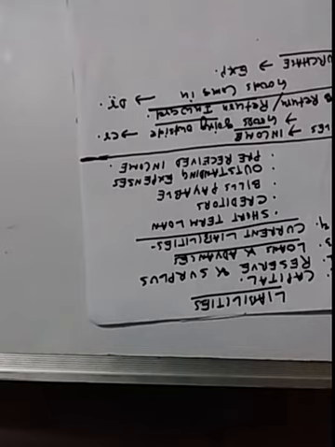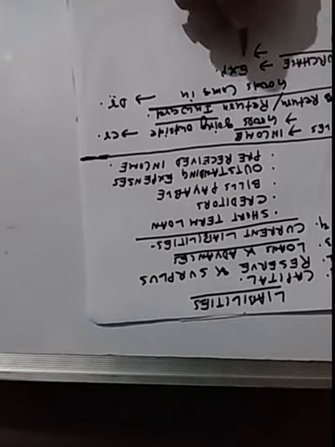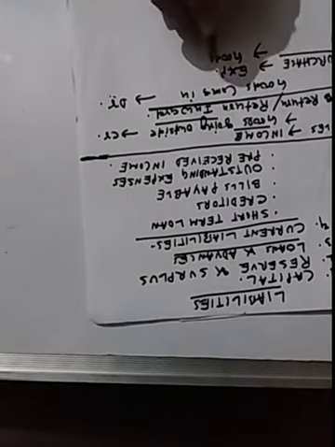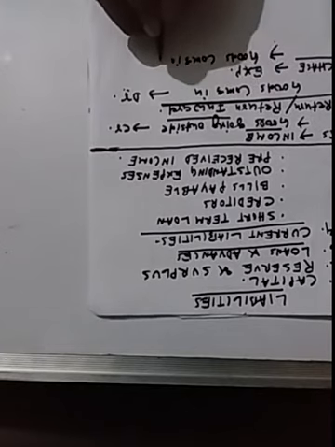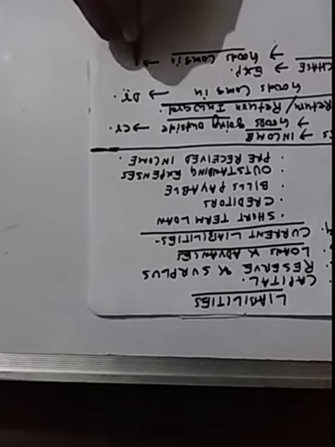But from the traditional concept point of view, what does it mean? Purchase means goods come in. What comes in? Goods come in. So goods come in means it will be debit. Again, purchase return.